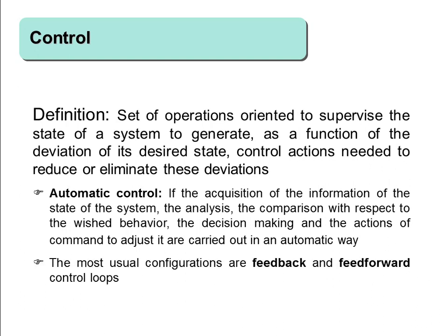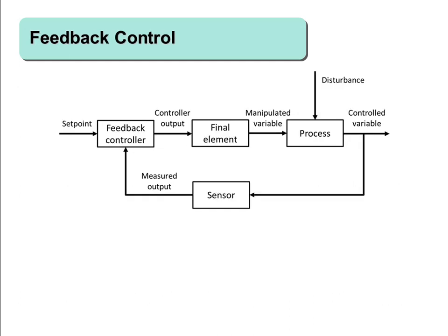The most usual configurations where we will find this type of automatic control implemented are feedback and feedforward control loops. Let's see the difference between them. In feedback control, this is the typical block diagram to describe control loops. You have the process that is subjected to the input of disturbances that we cannot control or modify, and also the input of manipulated variables, which are the ones that we can modify.